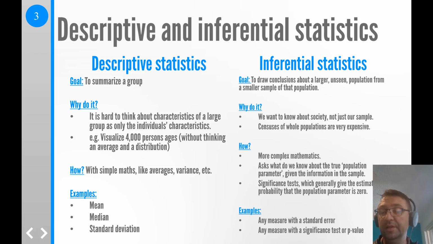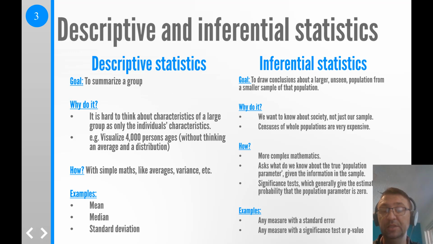You conduct various significance tests, which tell you the estimated probability that the population parameter is 0. We'll go into that in more detail.